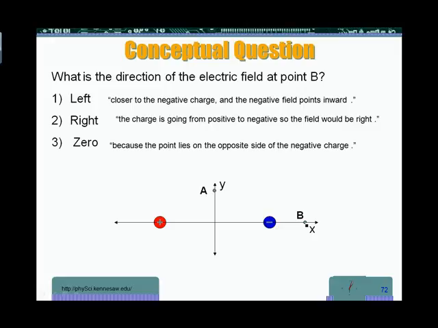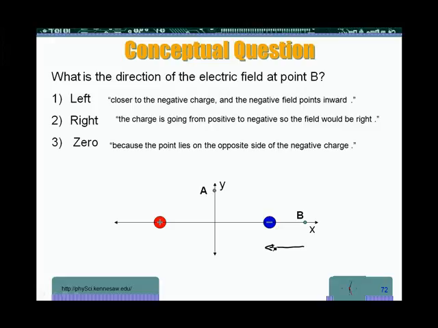For a situation like this, what we need to look at is the electrical fields due to each of the charges. The electrical field due to the negative charge is going to point inwards towards the negative charge. For example, at point B, due to this minus charge, I'm going to have an electrical field pointing this way.